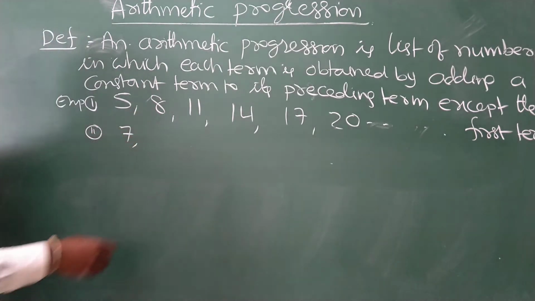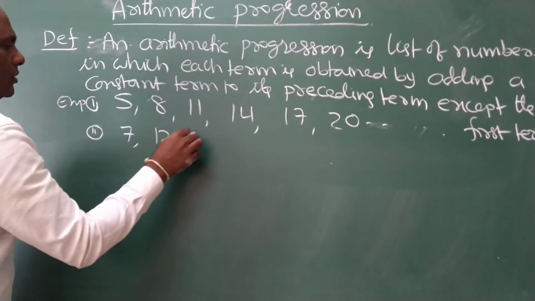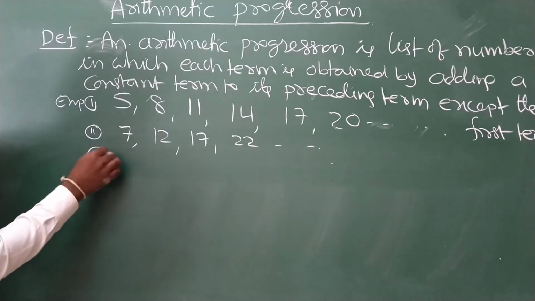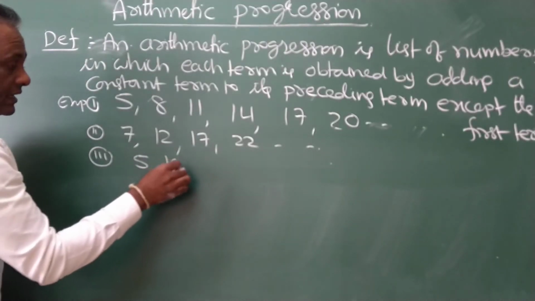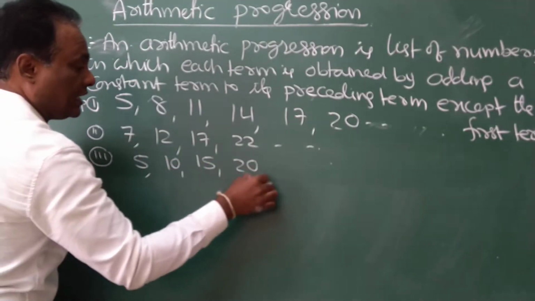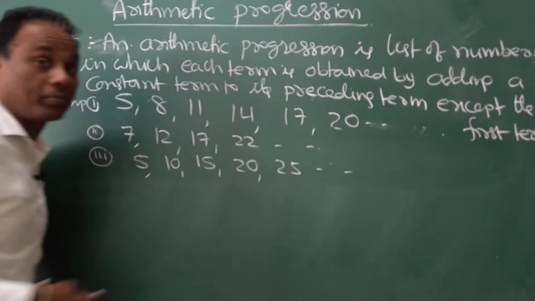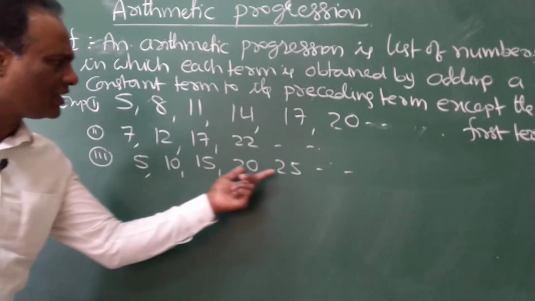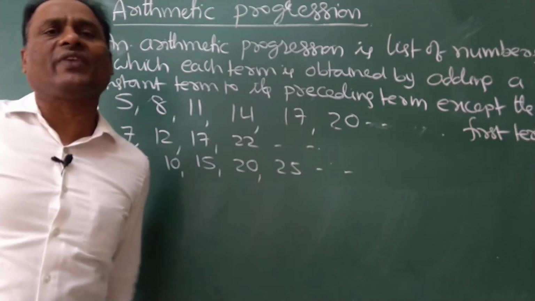7, suppose if 5 is added, 12, 17, 22, like this. Suppose multiples of 5: 5, 10, 15, 20, 25. This is also an arithmetic progression, because what is the difference? 5. Any two consecutive terms' difference will always be the same.